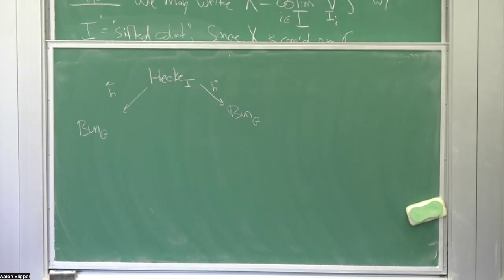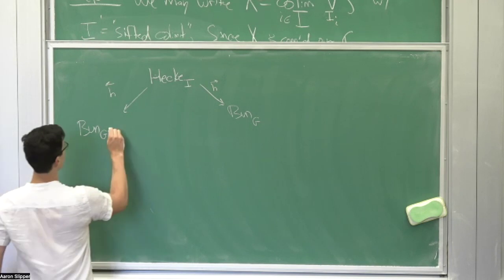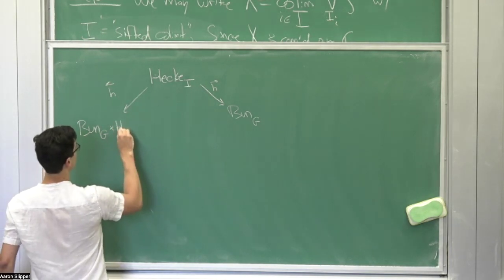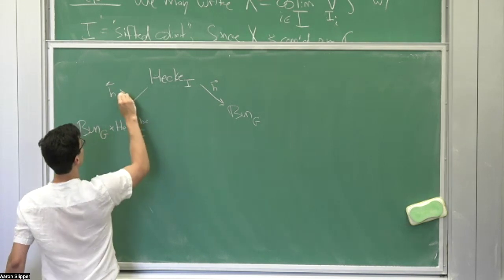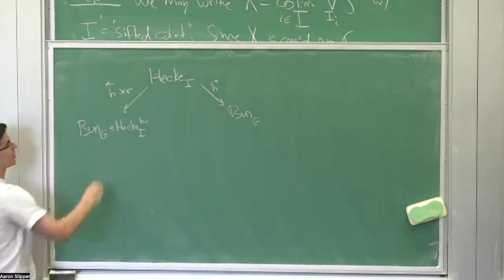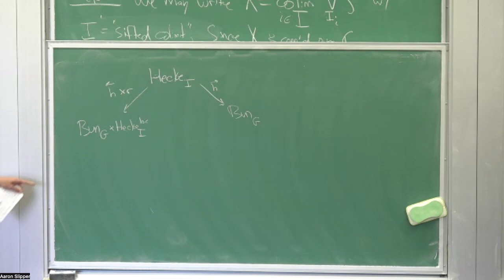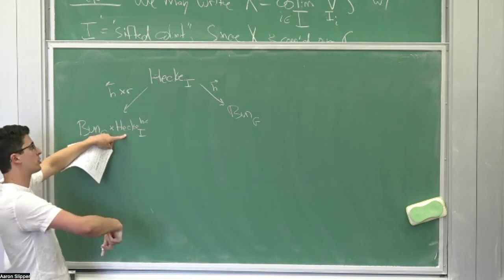And then I can also map to the local Hecke stack by restricting to the diagonal. So R denotes restriction. And then from the local Hecke stack, I can further project just to the curve.